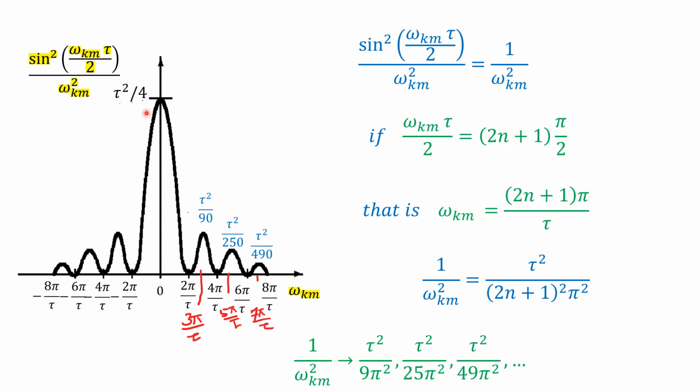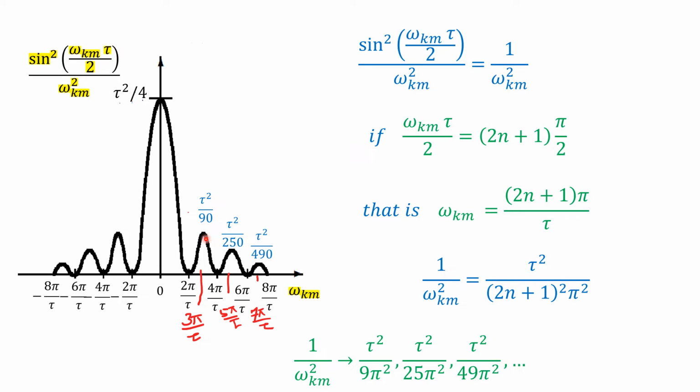We got the maximum peak at tau squared over 4 when omega km is equal to 0. Then our task is to find the next highest peak. Just now we have seen that the function will be 0 when omega km is 2 pi over tau, 4 pi over tau, 6 pi over tau, and 8 pi over tau, that is sine n pi equal to 0, where n is an integer.